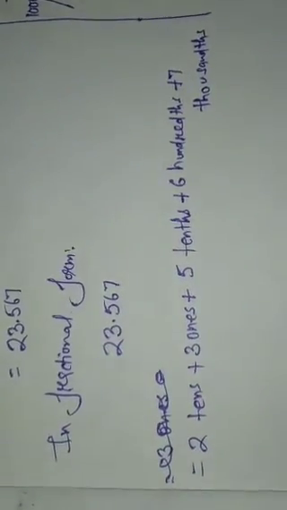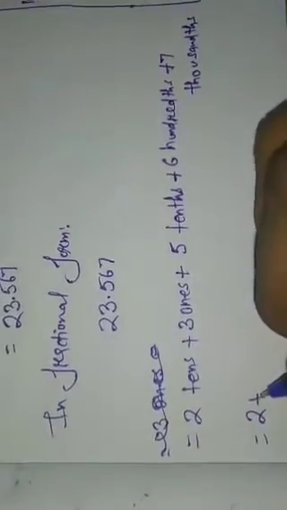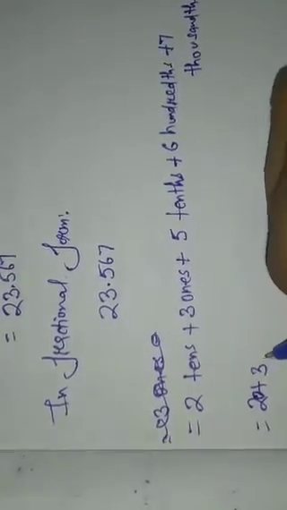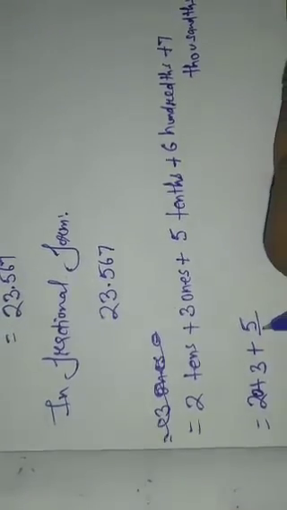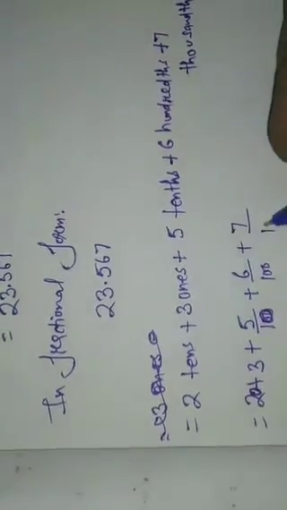Okay, so on the basis of that we will write 2 tens, which you can write as 20, plus 3 plus 5 upon 10, plus 6 upon 100, plus 7 upon 1000. Okay, so it has been converted into the fractional form.